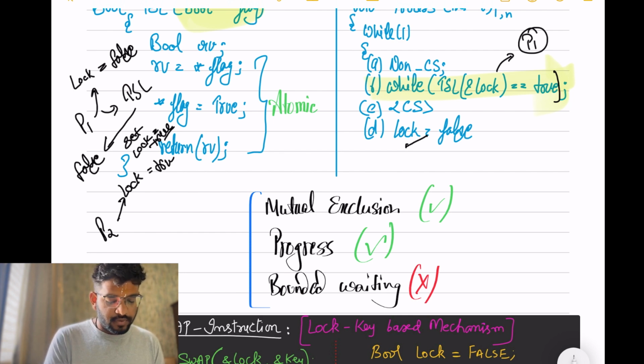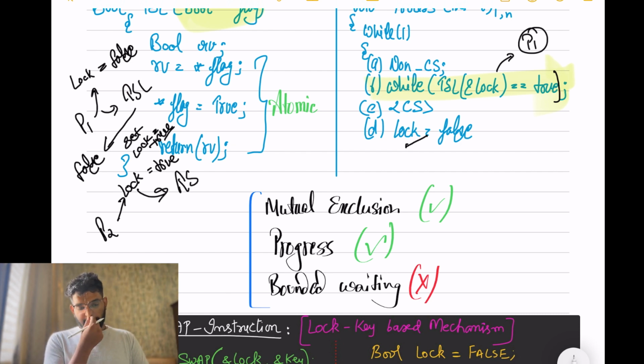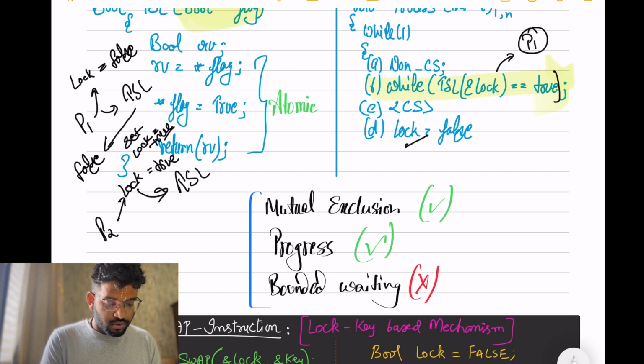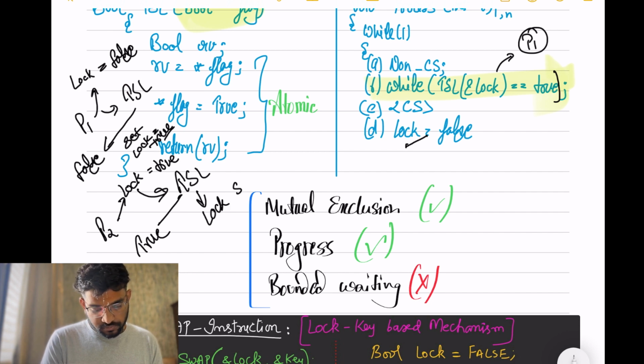And when it is passed through TSL, TSL now returns true, and the value of lock is again set to true.